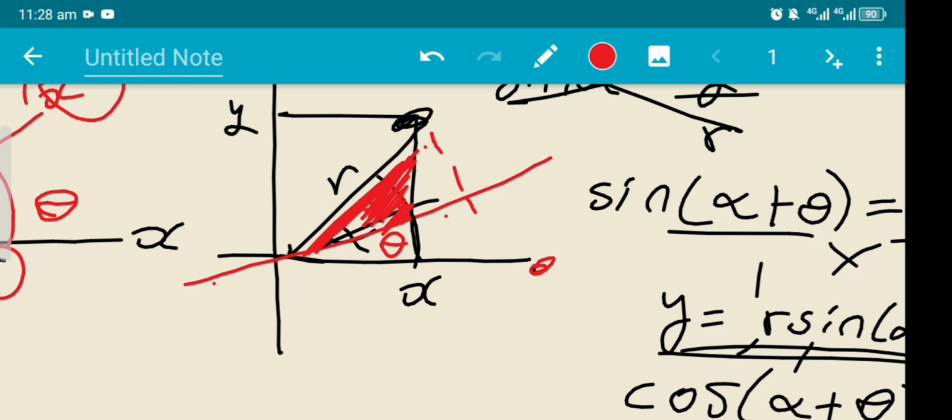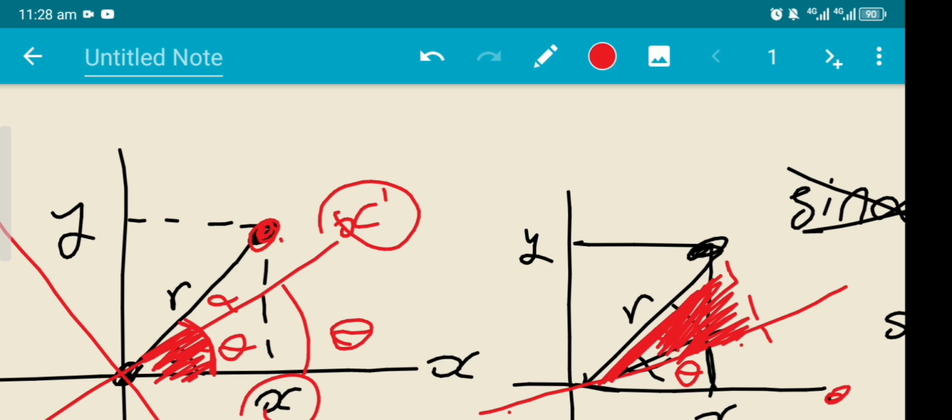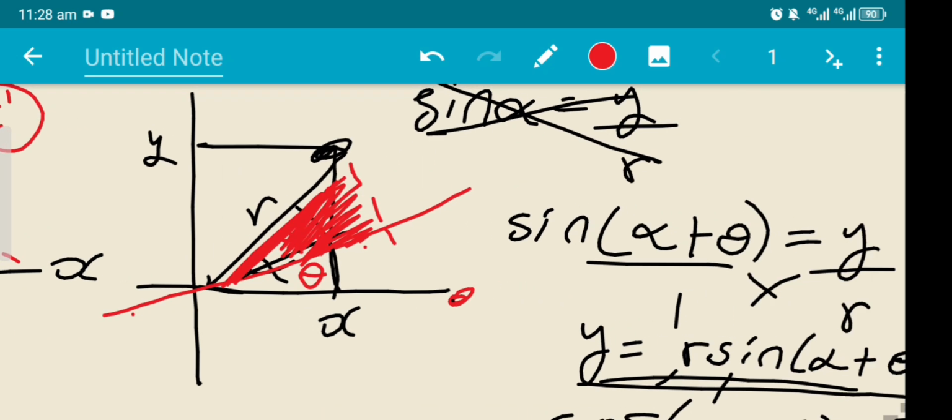When we look at our diagram here, this also has its x and its y. So let's shift our focus to that now.